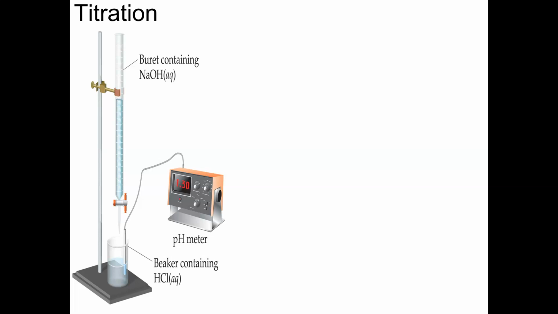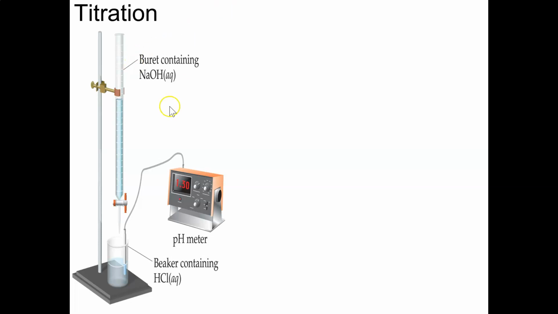The reason I stress this is because we have another method we've discussed before for determining the concentration of an unknown, and that's spectrophotometry. For spectrophotometry, you need a colored solution. So if you have a colored solution, use that. If you don't have a colored solution, use this. This is primarily used for acid and base, but it can also be used for redox as well. So it's not just limited to acid-base titration. That's the one we're going to go over predominantly right now.